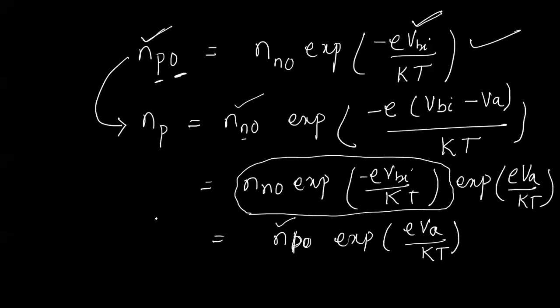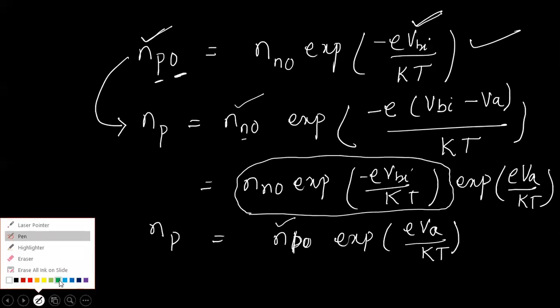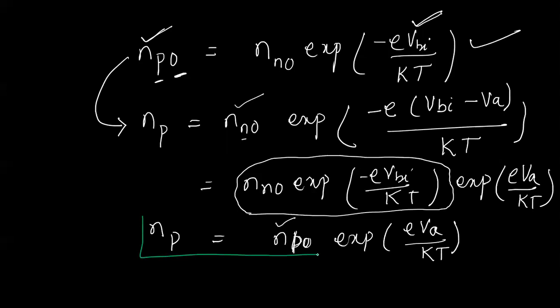So we got np equal to np0 e to the power EVA by KT. What is np? n means electron concentration. It is the minority charge carrier in the p region.